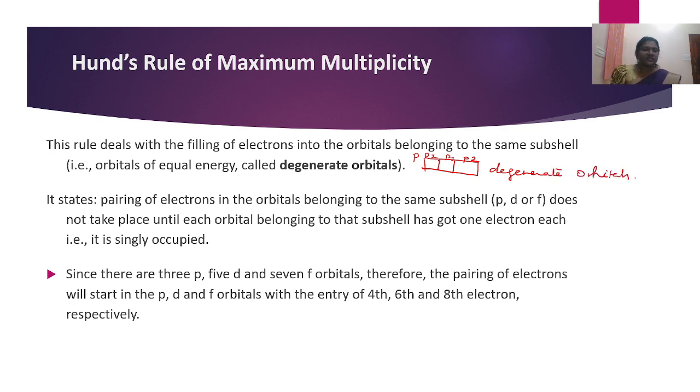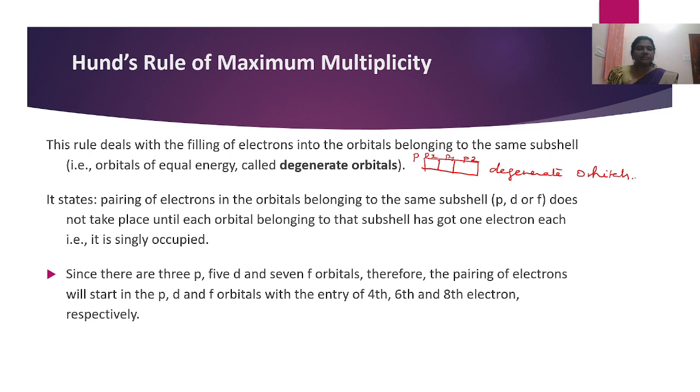It states that pairing of electrons in the orbitals belonging to the same subshell, p, d or f, does not take place until each orbital belonging to that subshell has got one electron each. That is, it is singly occupied.